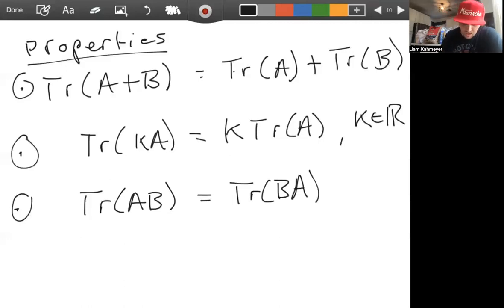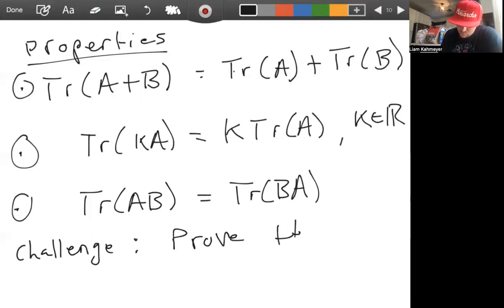So here's a task or a challenge: prove these. And here's my hint: explicitly write out a matrix A and a matrix B. Maybe start with an example.